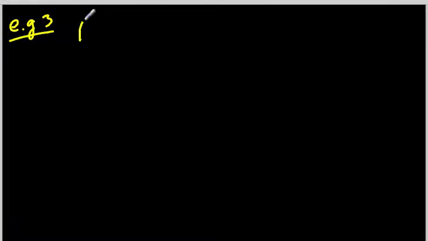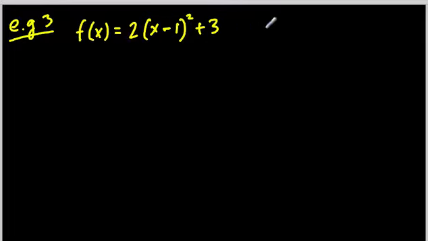Let's say, for example, I have some function f of x, and it's equal to 2(x - 1) squared plus 3, okay? And I'm going to transform it to g of x, okay? Basically there are 3 transformations in order to go from f to g, and they are the following.